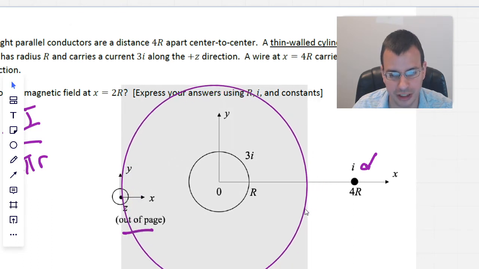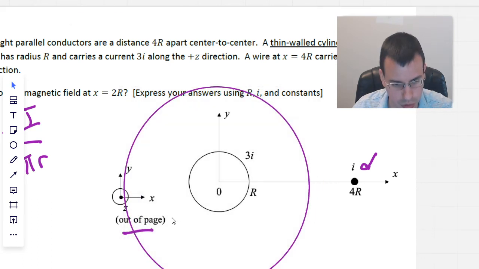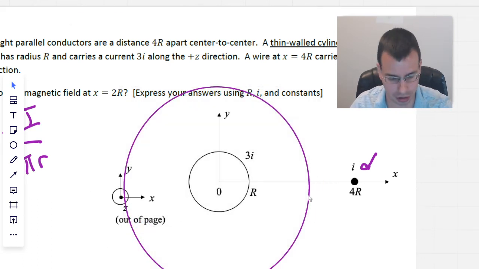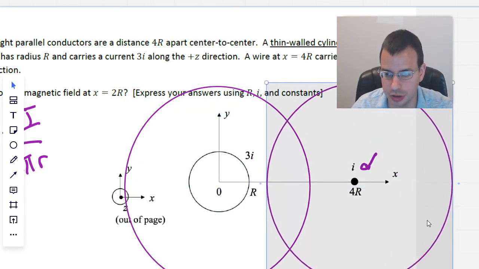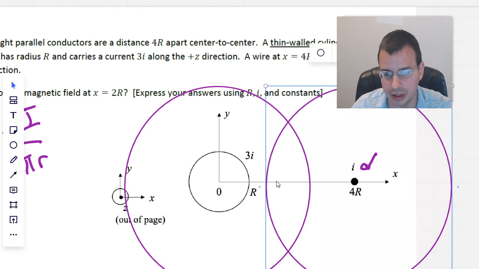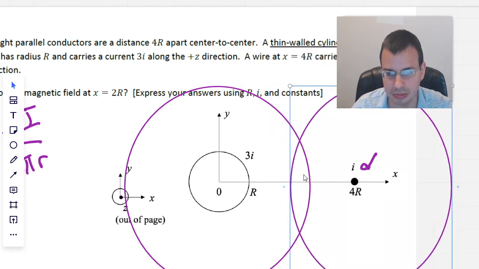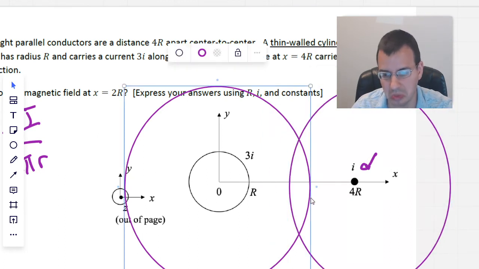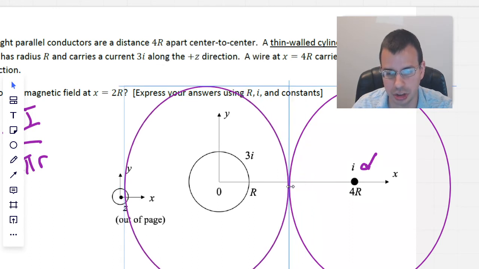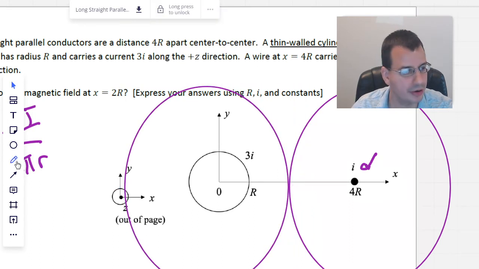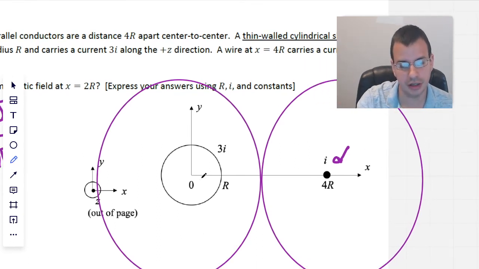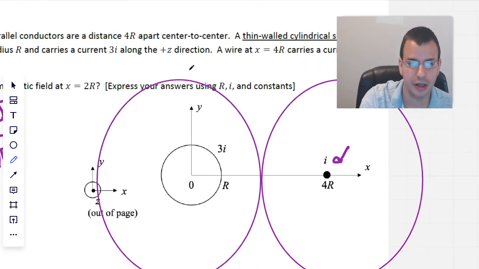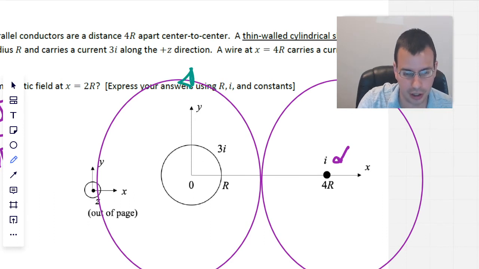If this is the magnetic field at 2r due to the cylinder, which you can approximate as a wire, and this is the one due to this one, let's try and see where they overlap. Okay, not perfect, but we're going to call that good enough. So if you use the right-hand rule for this, with the wire coming out of the page, the magnetic field will be going this direction.